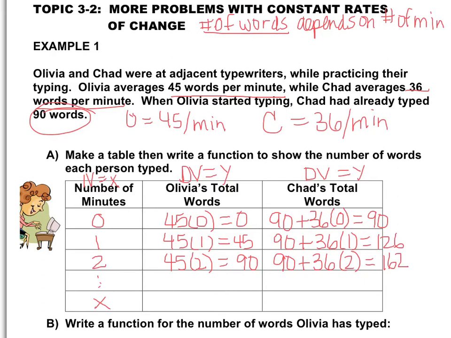So you can see how you're going to develop your equation. For Olivia, it's 45 times every minute, which we're going to call x, and that's going to equal the y value that we got right here. Chad started at 90, and we're going to add 36 times every minute, x, and that's going to equal his y.